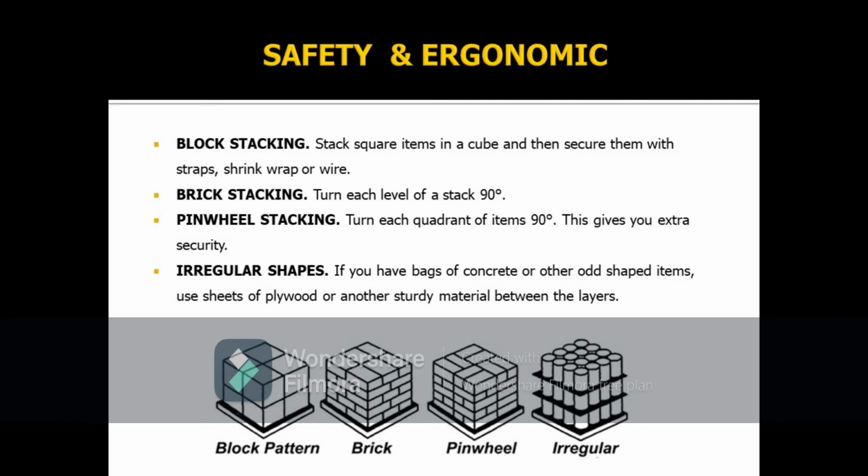This can give you extra security and more stability. Last one, irregular shapes: if you have bags of concrete or other odd shaped items, use sheet or plywood or another sturdy material between the layers.